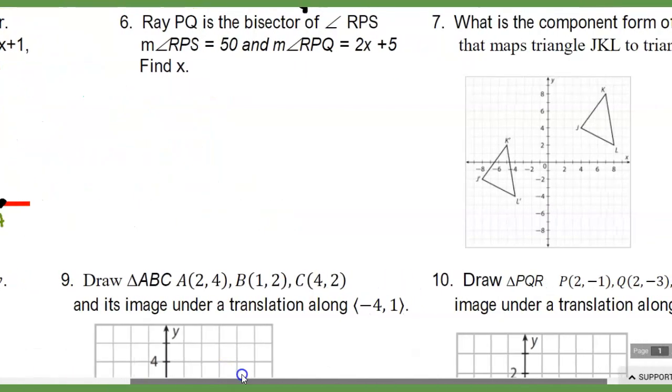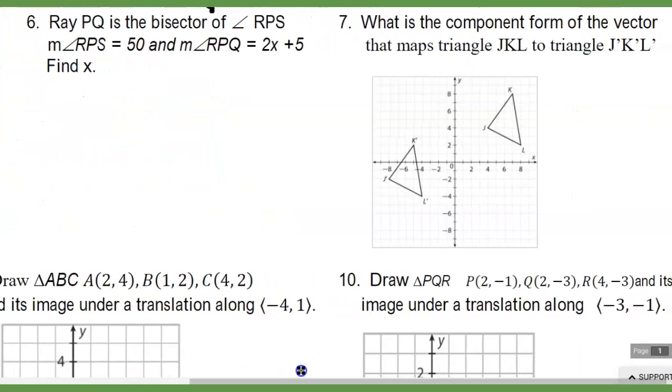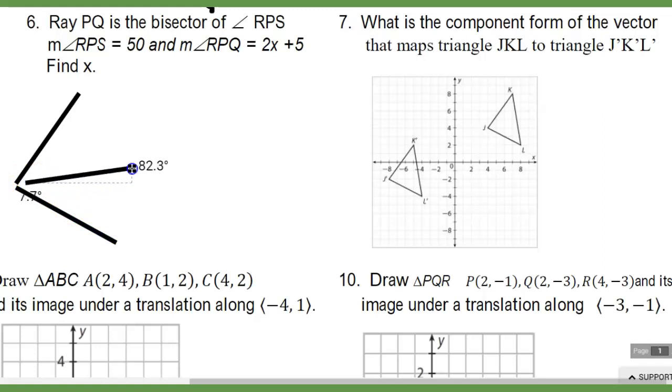All right, let's go over to 6, which is a perpendicular bisector, or just a regular bisector, yeah, angle bisector. Okay, so let's draw an angle. Draw a bisector.